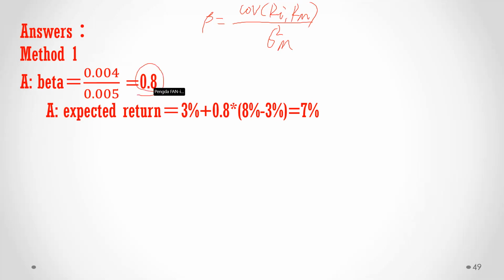So this means that A's beta is smaller than the market portfolio's. So this is beta equals 1. So this is the market portfolio.